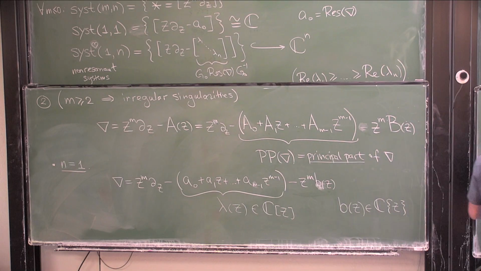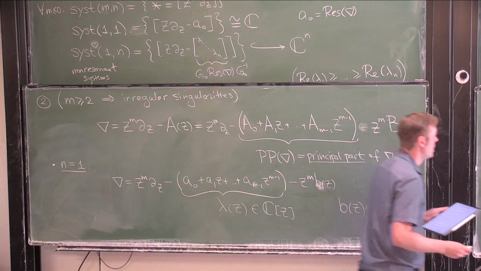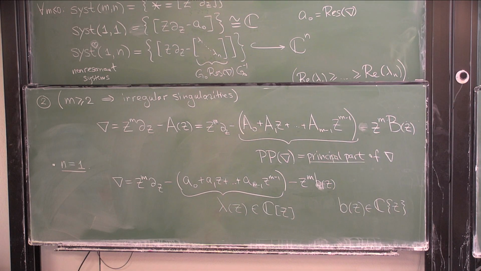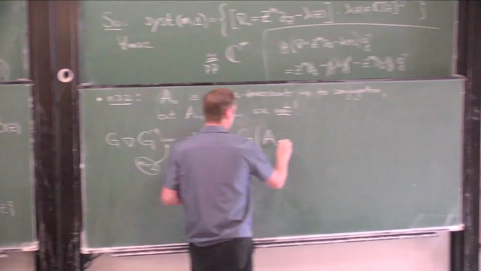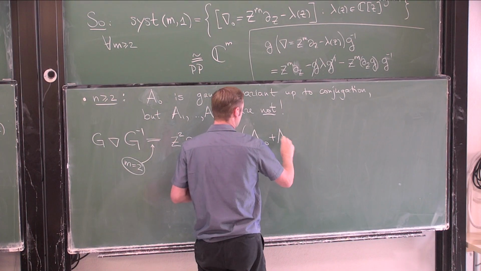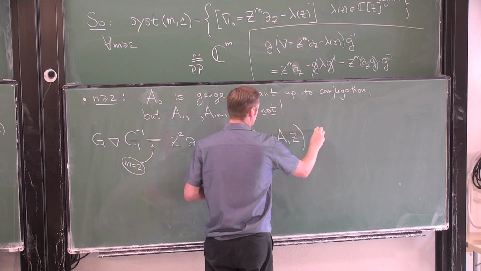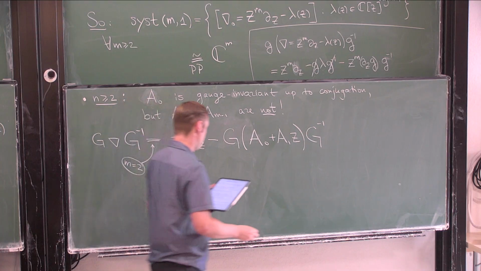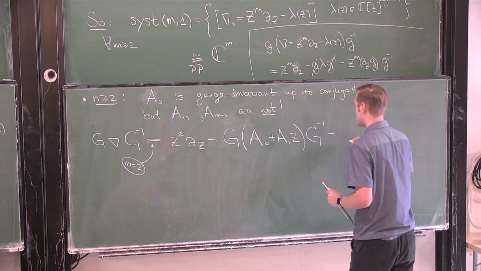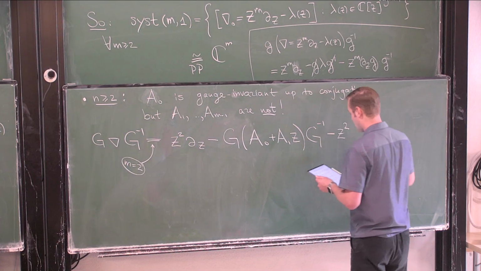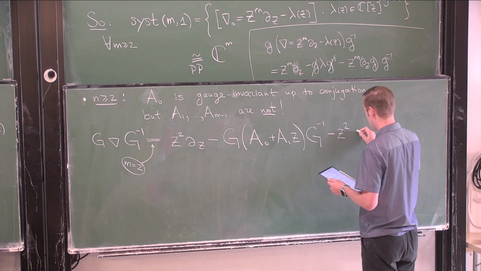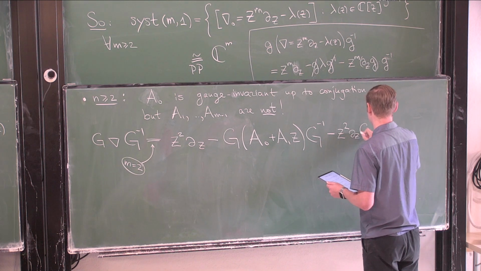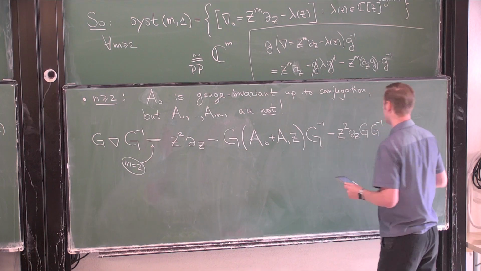Okay, so let me write this. As usual, we have the differential operator popping out. Then we have the conjugation of the principal part. Then we have the gauge term, z squared del z of g inverse.